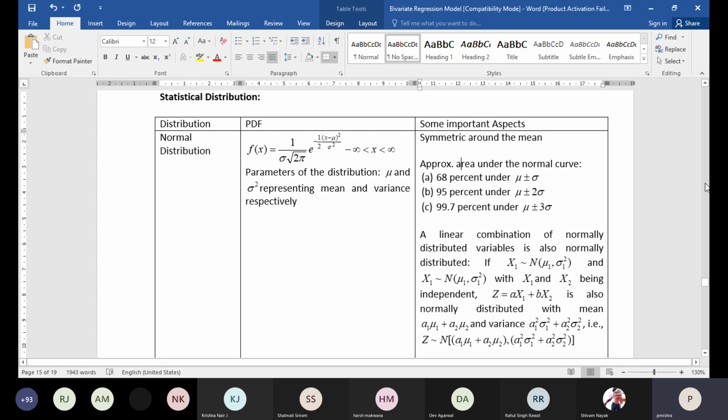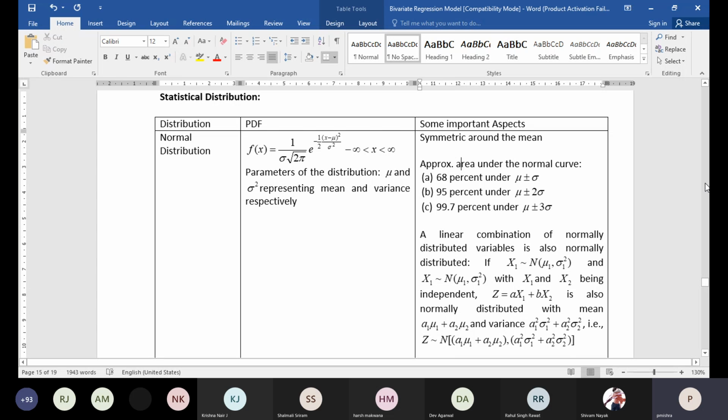The other important aspect would be this: how much of the normal curve we can specify under different ranges, like say mu plus minus sigma. Remember, mu is the mean of the random variable x and sigma is the standard deviation. So mu plus minus sigma, mu plus minus 2 sigma, mu plus minus 3 sigma.